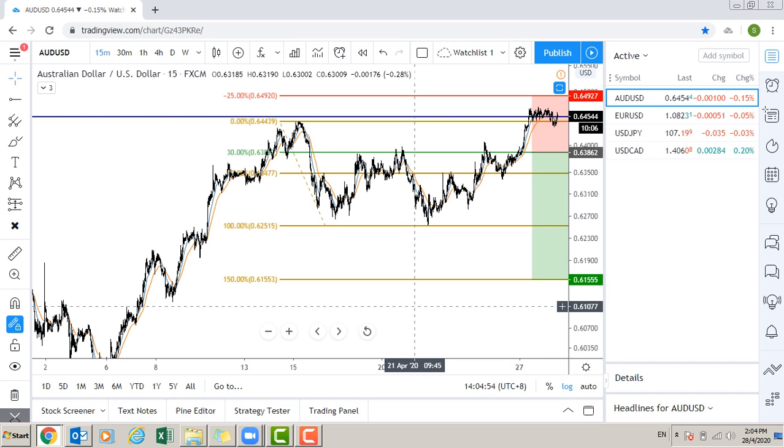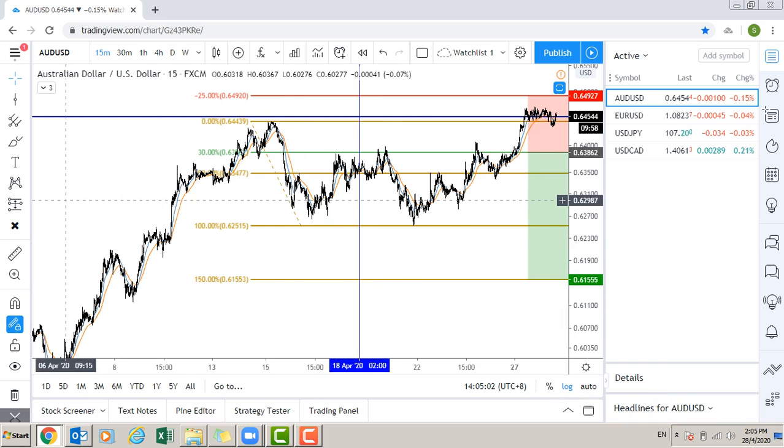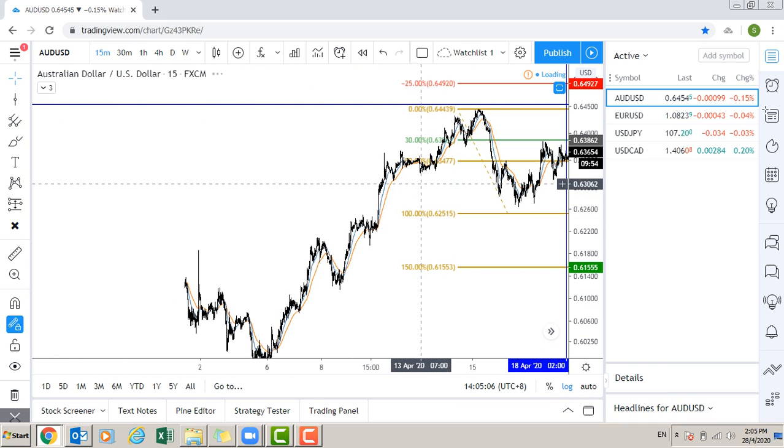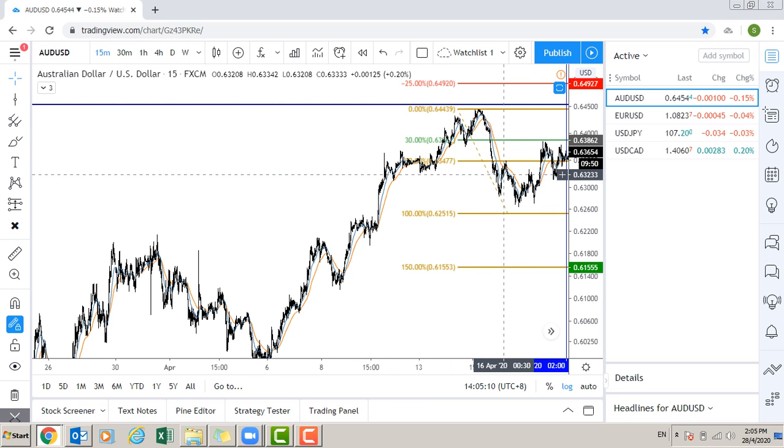The start of the week is around here. When I look backwards to last week, I can see that this low point was broken, so this is to me a lower low.